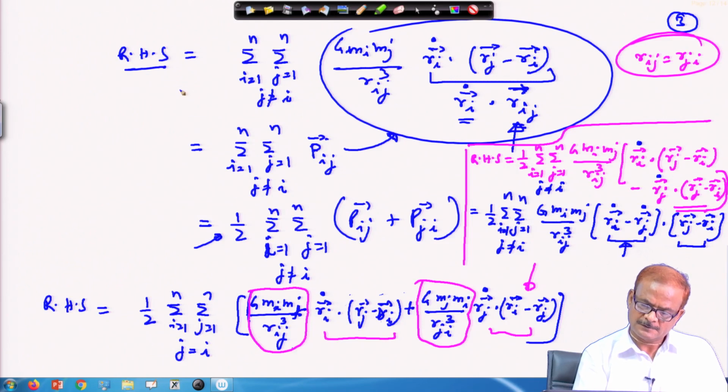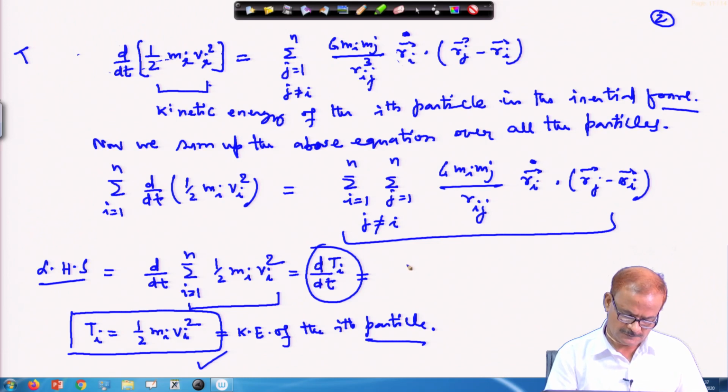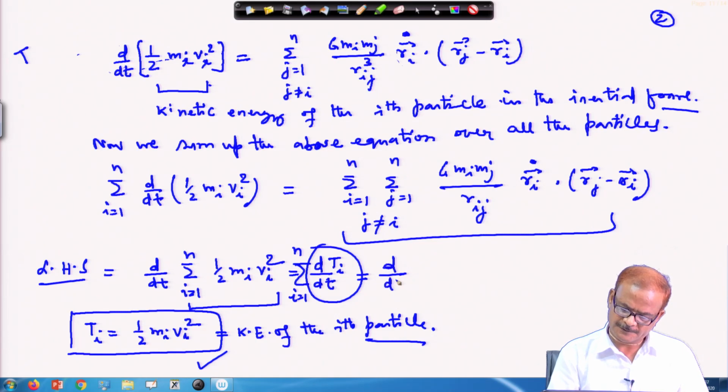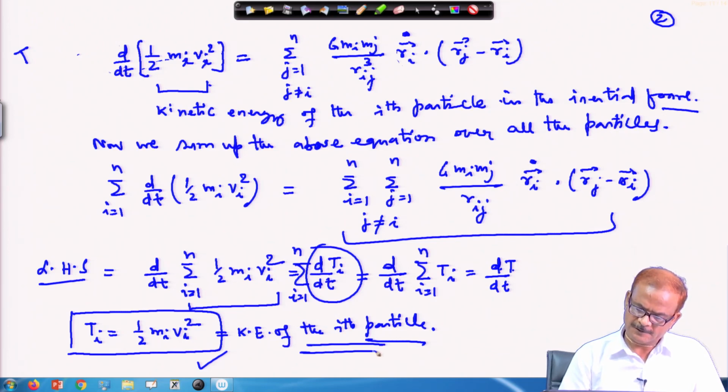So, the summation is missing here in this place, i equal to 1 to n. Therefore, we can write this as d by dt of summation T i, i equal to 1 to n, and this we can write as d by dt of T, where T i is the kinetic energy of the i-th particle.